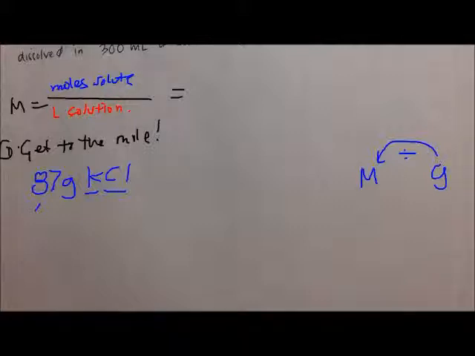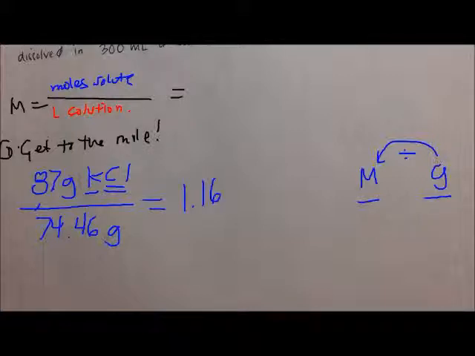If you look up the molar mass for chlorine, it's 35.45. If you were to add that up, you would get 74.46 grams. Since we're going from grams to moles, we end up dividing to get the moles. So if you crank that out on your calculator, you get 1.16 moles of potassium chloride.